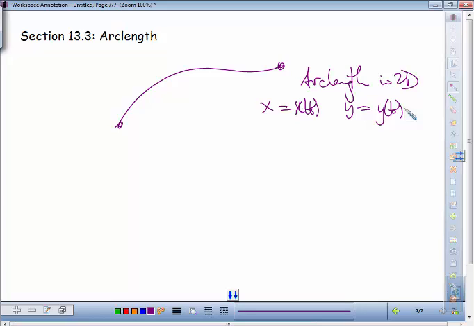We had two functions, and then we found the arc length. I think we call it S is equal to the integral from a to b of the square root of x prime of t squared plus y prime of t squared dt.